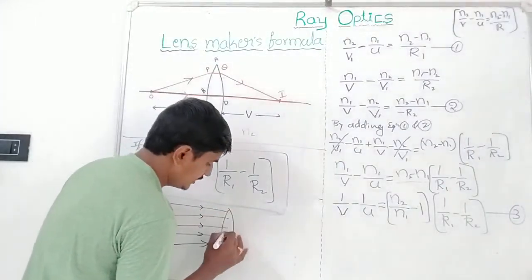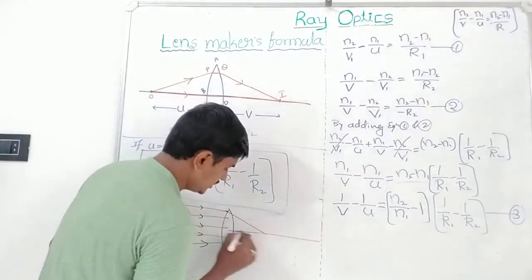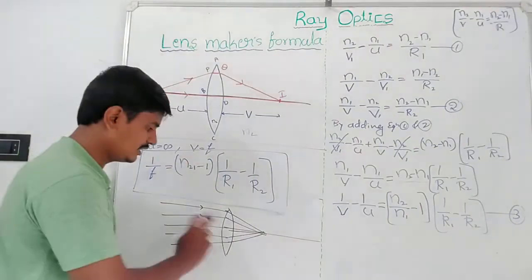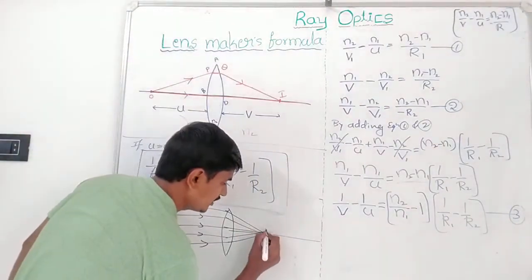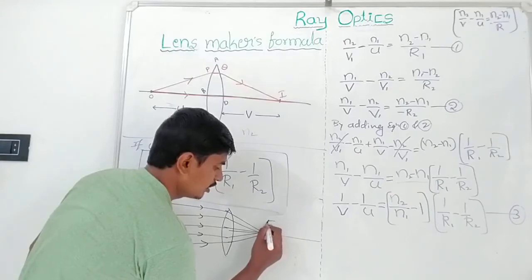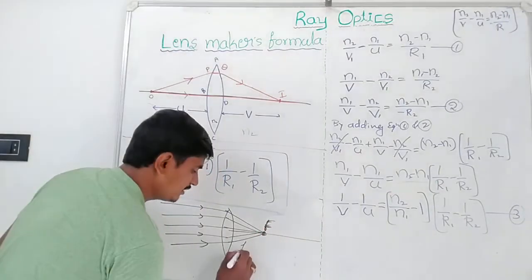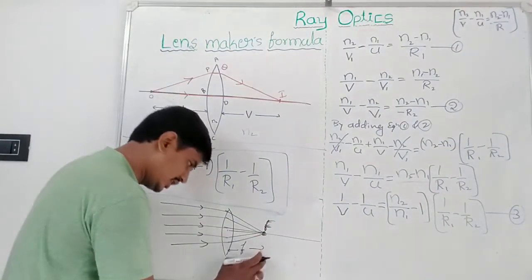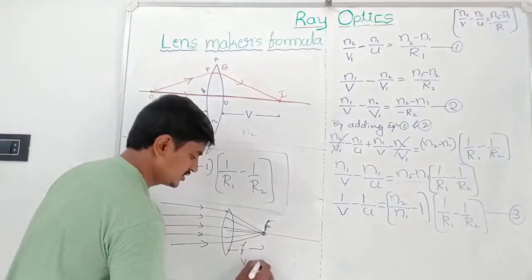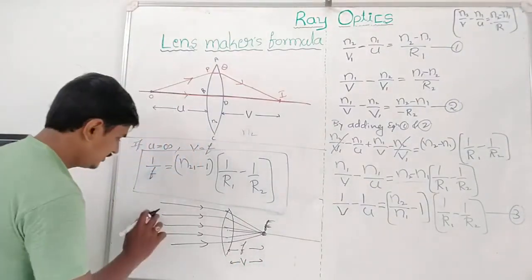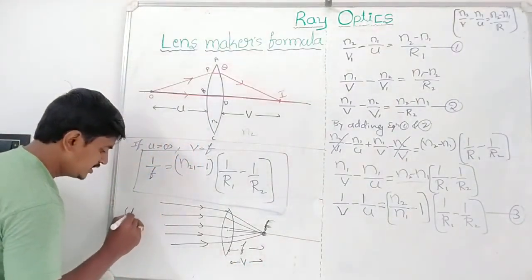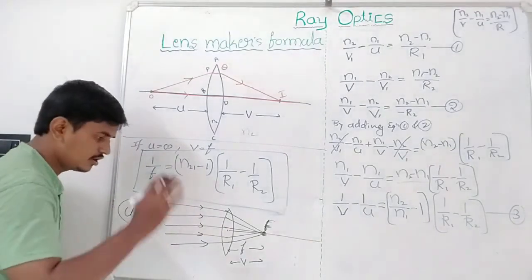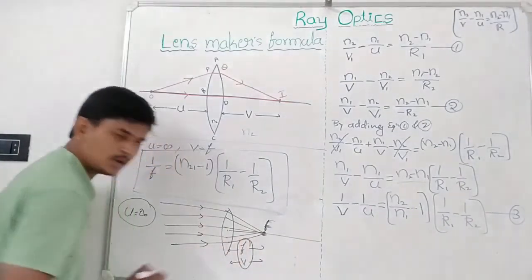And all the rays which merge at a single point after refraction through a lens, this is what we call the principal focus. The distance from principal focus to optical center is called the object distance, which is also equal to the image distance. Hence if the object is at infinity, that is u is equal to infinity, obviously v is equal to f.